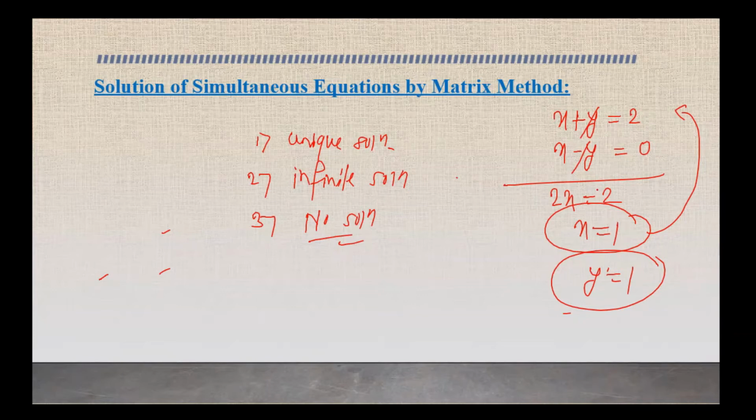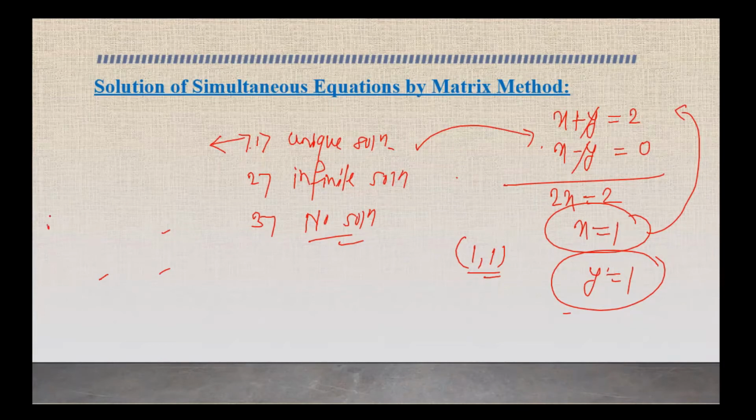So these two equations are satisfied only when x is equal to 1, y is equal to 1. It means only one solution set is available for this problem. So there is only one, and it is called the unique solution. So this problem has a unique solution. So this is the first case about the solution.